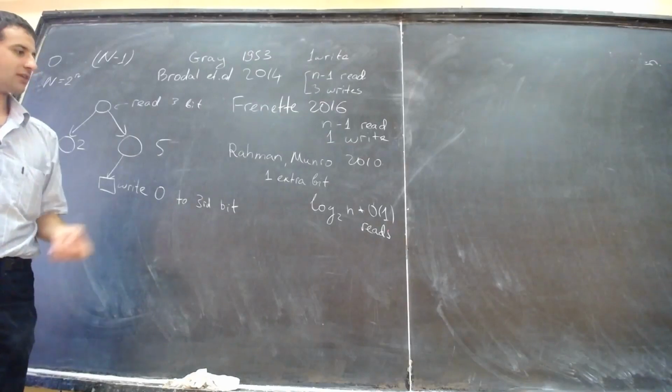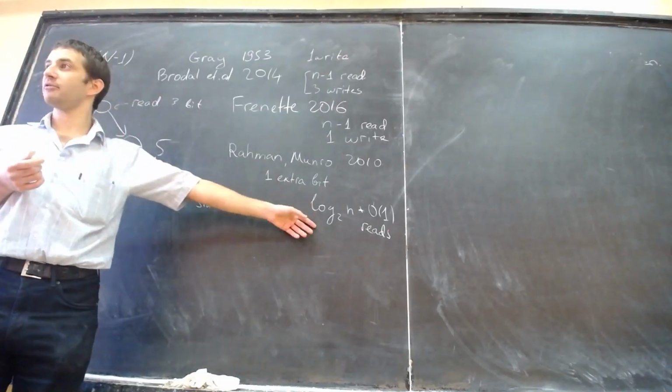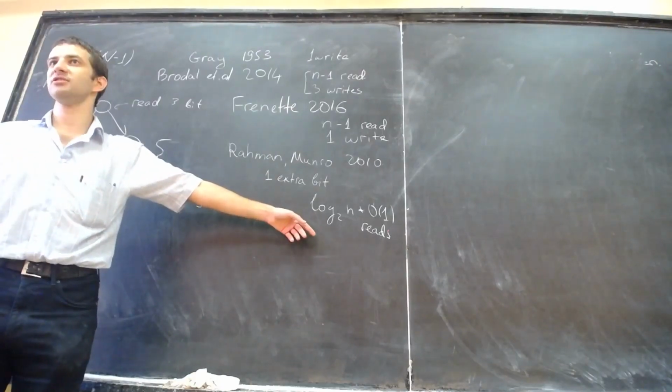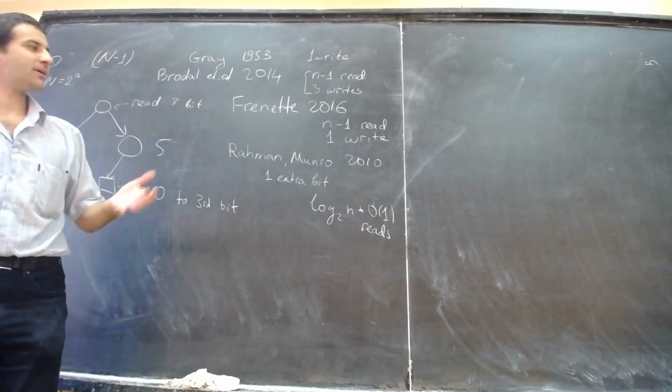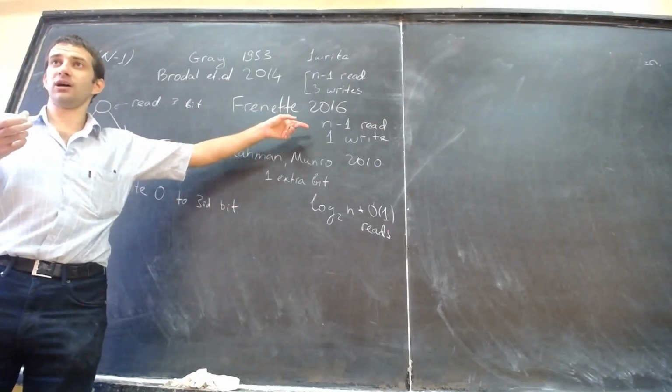So if you have some extra space, you can have logarithmic complexity in terms of reads. And if you don't, the best known upper bound is still even now n-1.